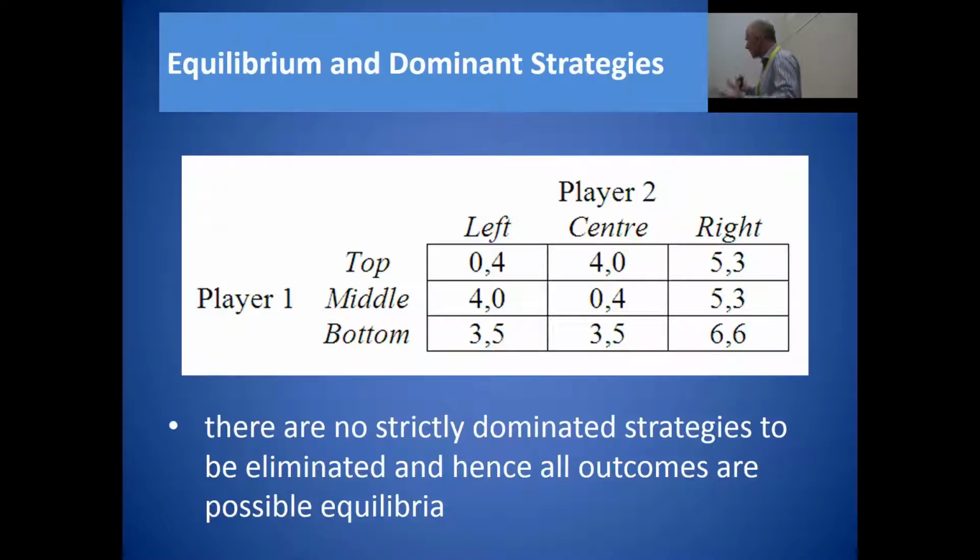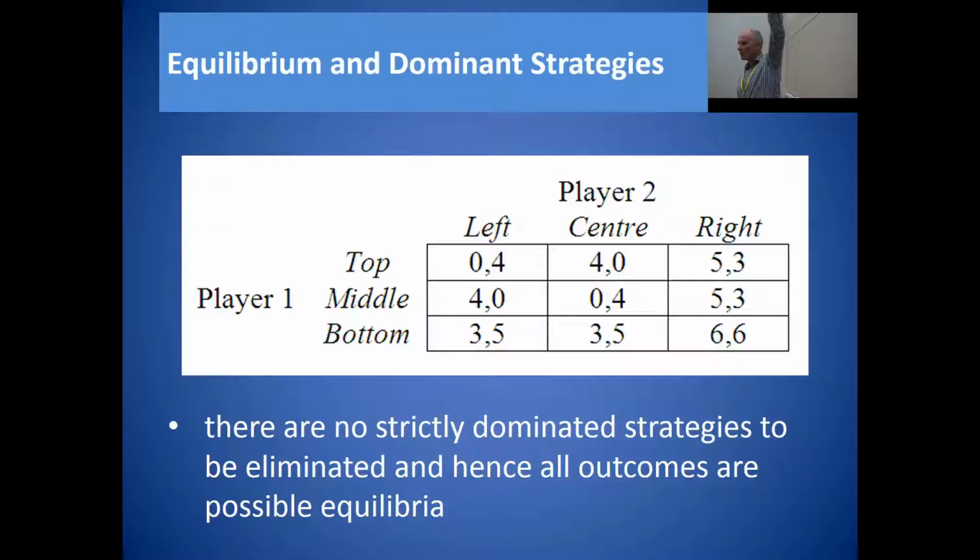And hence, there is no dominant strategy. And yet our procedure for identifying the most plausible outcome in these games previously relied upon that notion of a dominant strategy, of identifying a strictly dominated strategy. And so that simple approach that we've adopted so far doesn't really help.